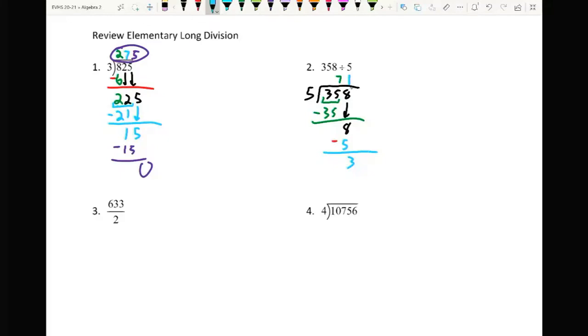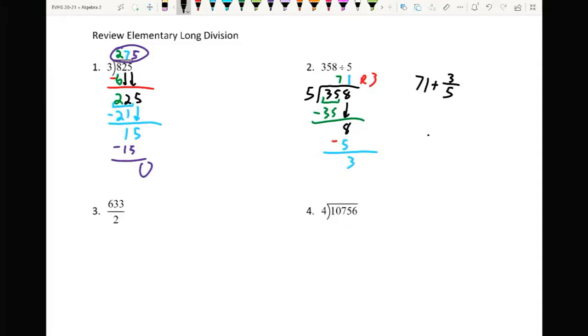Okay, now that I've gotten past the ones place, I could keep on going for decimals if I really wanted to, but the way you introduced this, the very beginning, was to say remainder 3. So a 71 remainder 3. Now we're going to be doing something similar with our polynomials. We're going to be writing our answers like this: 71 plus 3/5.